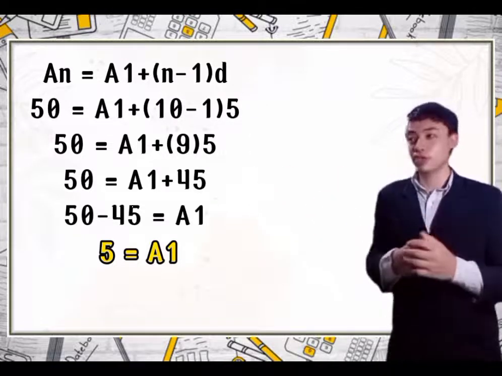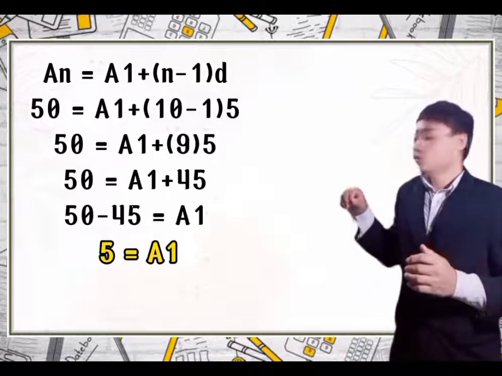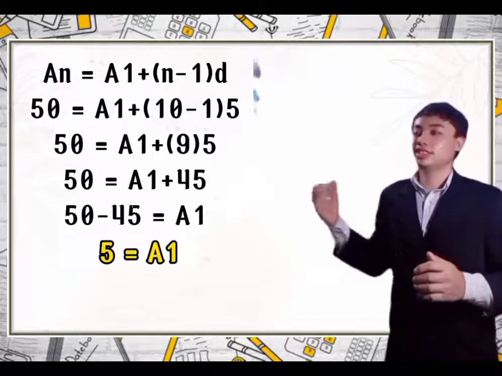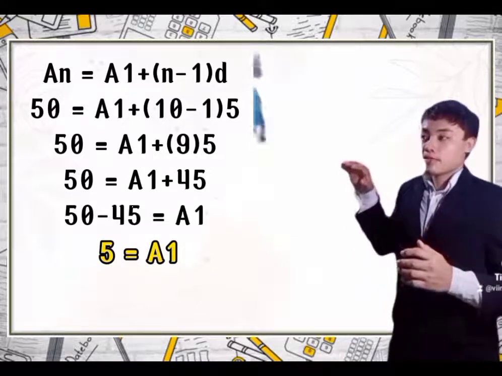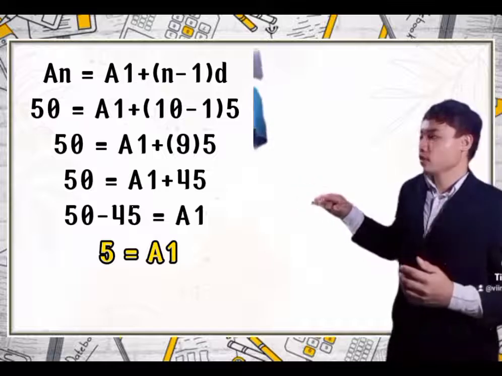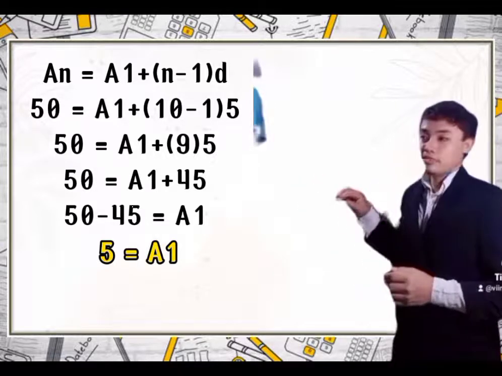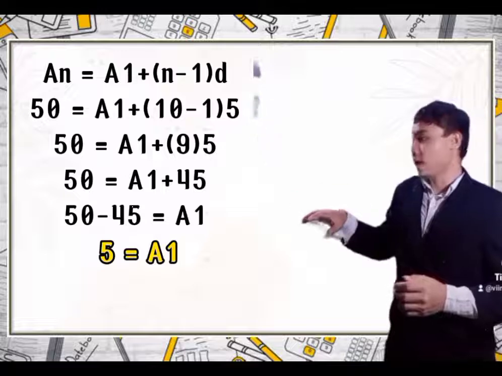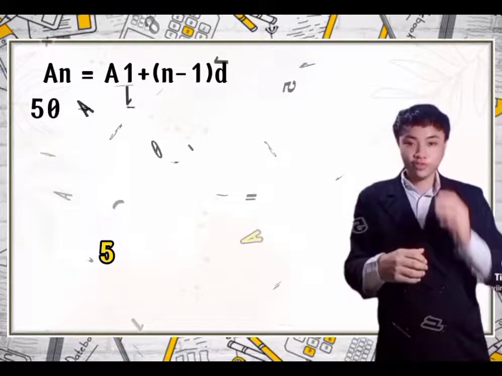Then the next step, we're going to transpose 45 to 50, and the sign of it will change. It will become negative. So 50 minus 45 equals a sub 1. Then 50 minus 45 is 5. So therefore, the first term is 5.